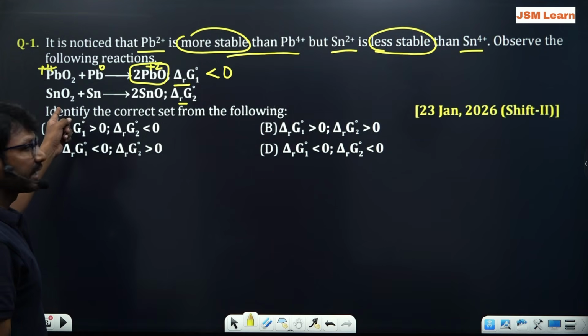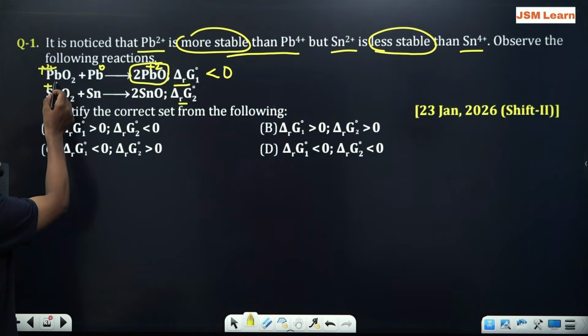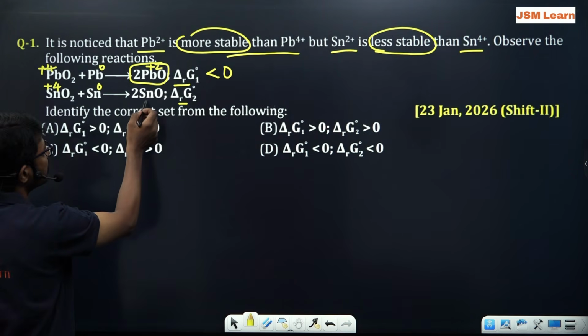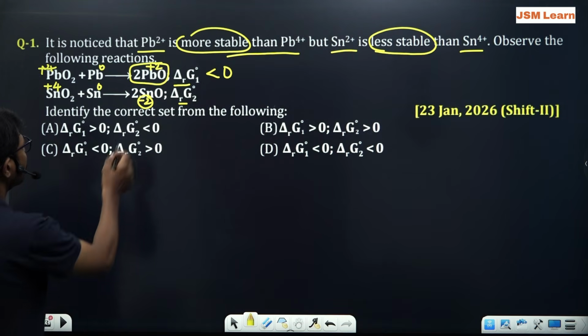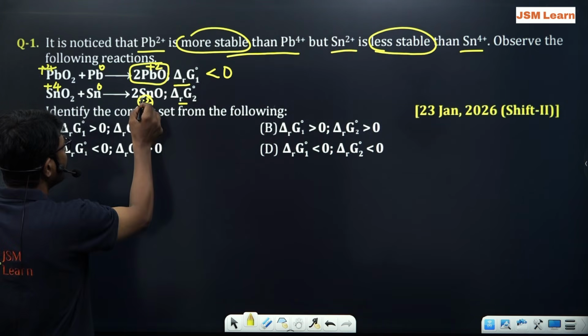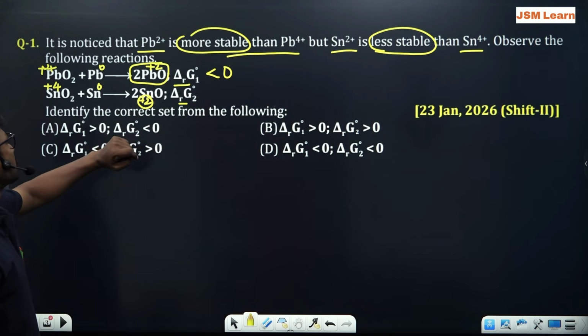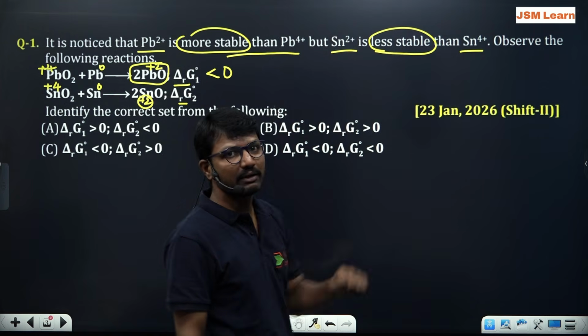Now in the second case, SnO2, that means tin will be in plus 4 oxidation state, here it is 0. So in this case, tin will be in plus 2 oxidation state. So plus 4 is converting into plus 2 oxidation state. Now here they have provided that plus 2 is less stable than plus 4.